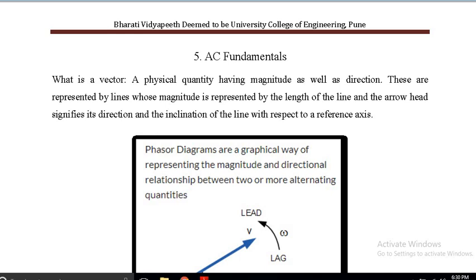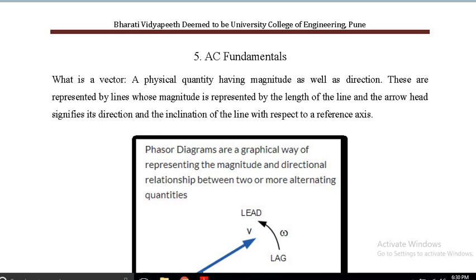Okay, to proceed now, let us talk about what's a vector first. Now, the very first difference between a scalar and vector is that scalar has something to do with only magnitude, but when I talk about vector, it is magnitude as well as direction which is important.